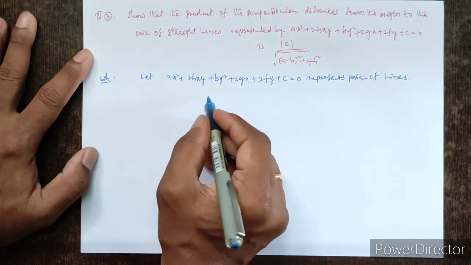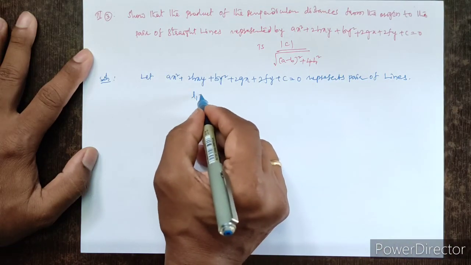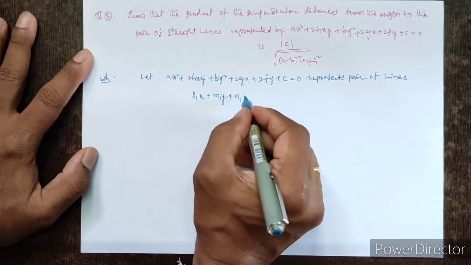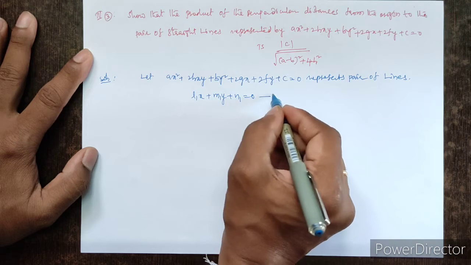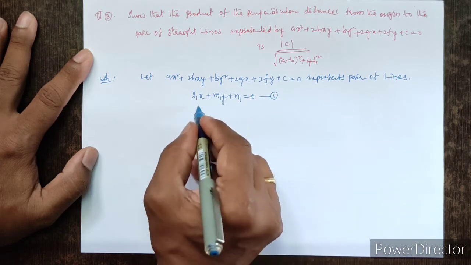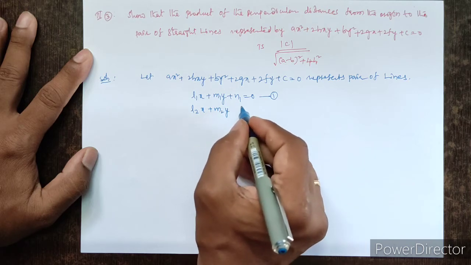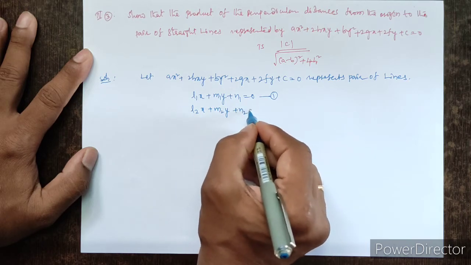Say the lines are L1x plus M1y plus N1 equal to 0, that is equation 1, and the second line is L2x plus M2y plus N2 equal to 0.